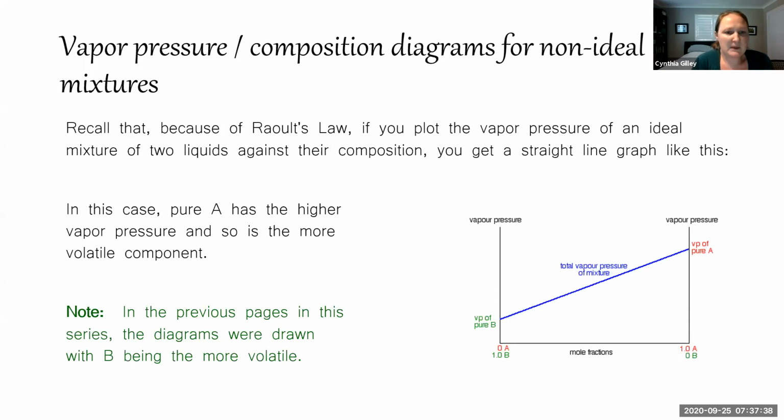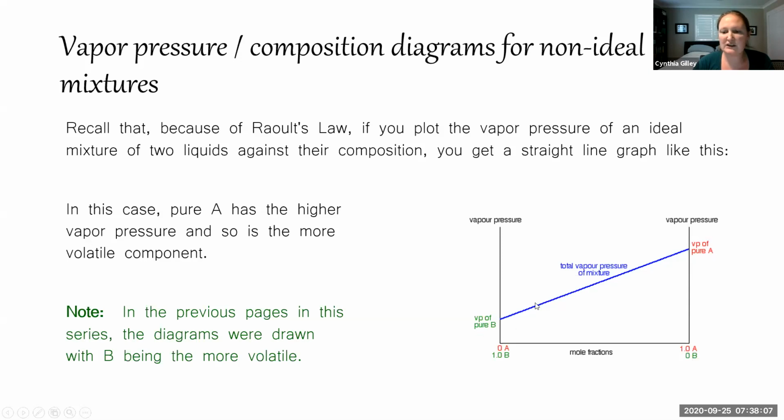So recall that because of Raoult's law, if you plot the vapor pressure of an ideal mixture of two liquids against their composition, you get a straight graph like this. In this case, pure A has the higher vapor pressure, and so is the more volatile component. So notice that they switched A and B, right? Prior to this, A was the component with the lower vapor pressure, and B was the component with the higher vapor pressure.